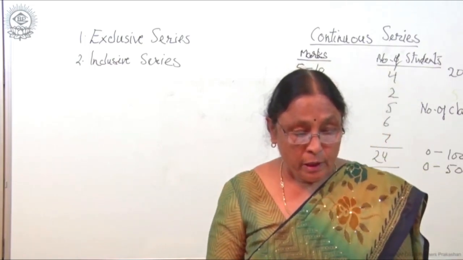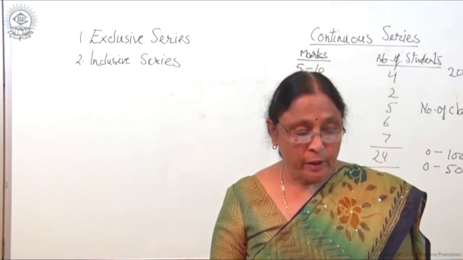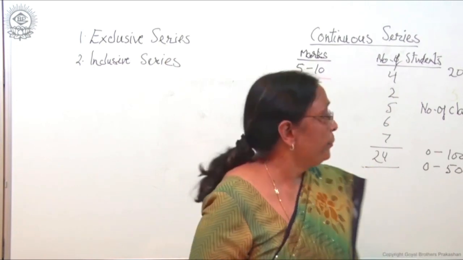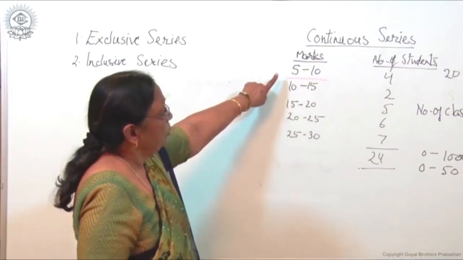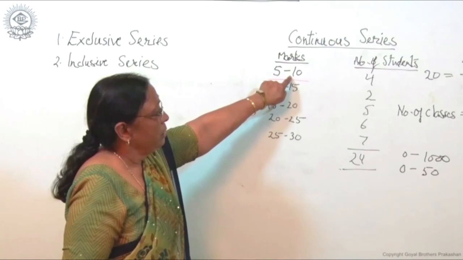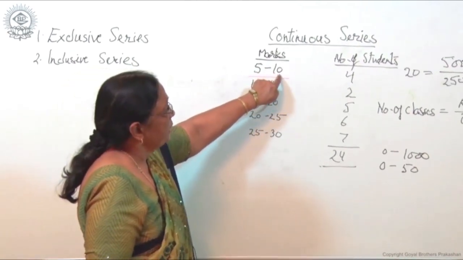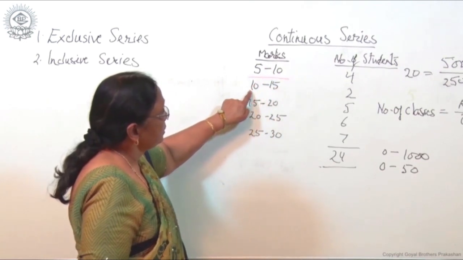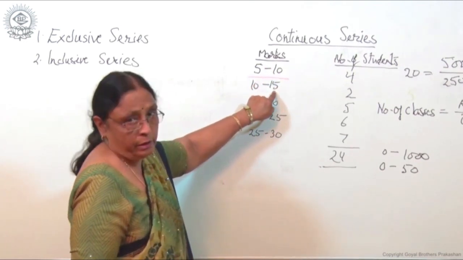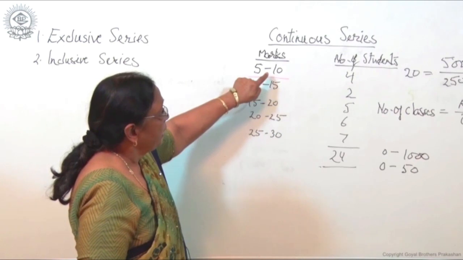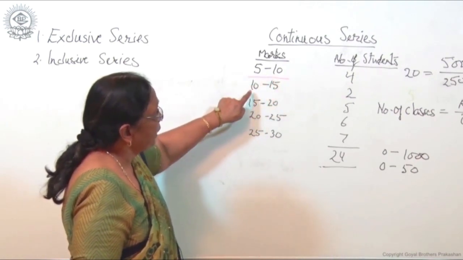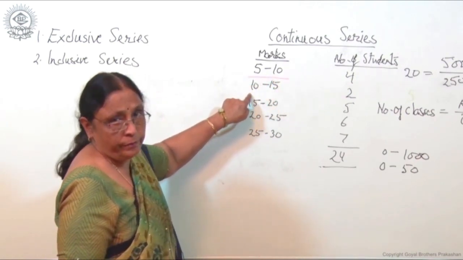Exclusive series: in this, all items except the upper limit are included. Now here 5 to 10 means that the lowest marks are 5 and the maximum is 10. In this case it is 10 to 15. Now what does it mean? 10 is appearing here also and 10 is appearing here again.